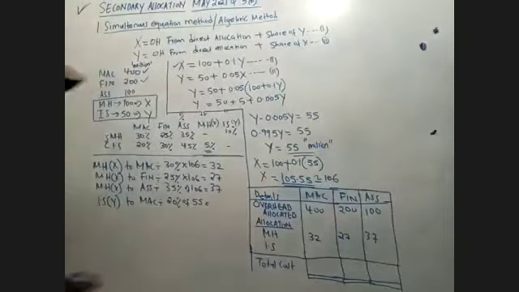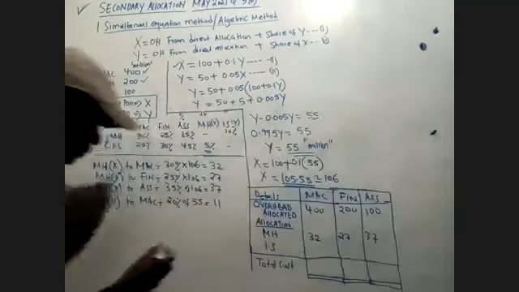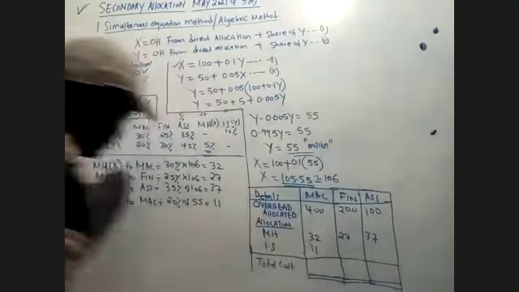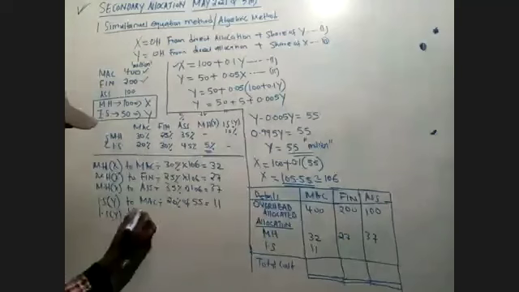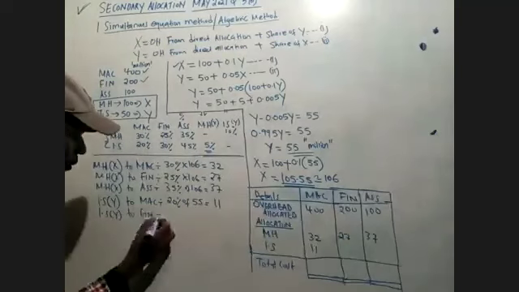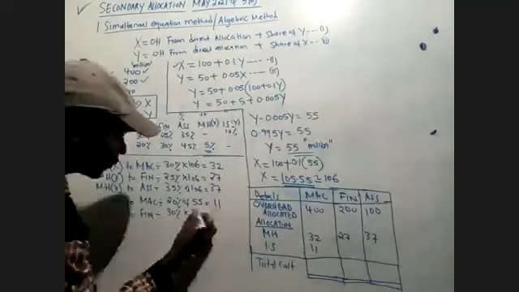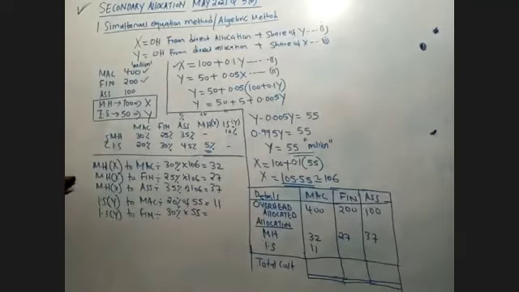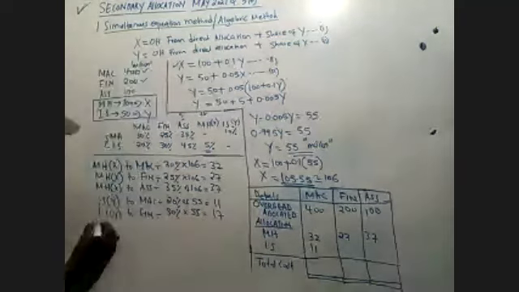So 0.2 times 55 ni 11 hapo. Then Y to fin, 30% of 55. So 0.3 times 55 is 17.